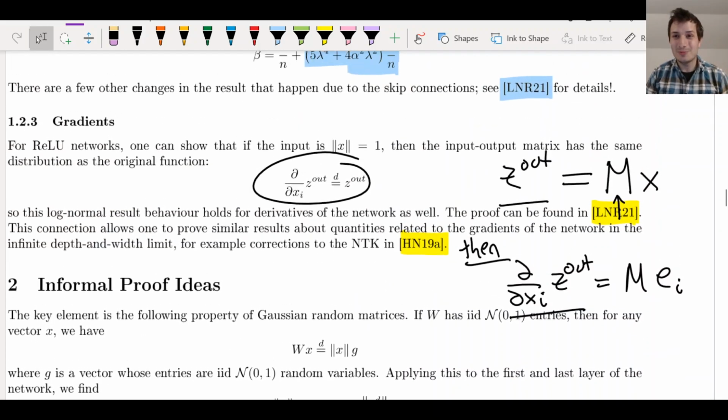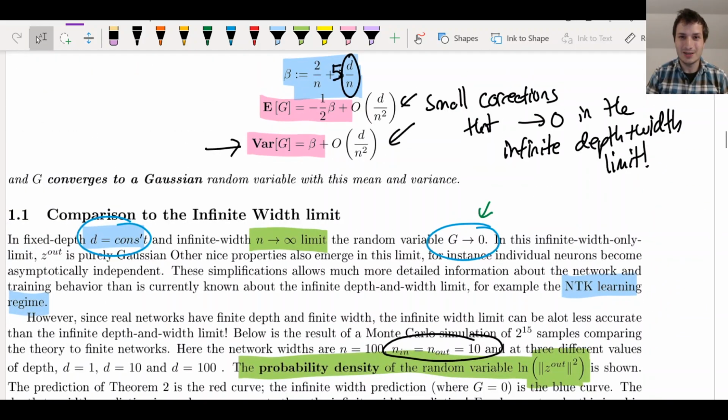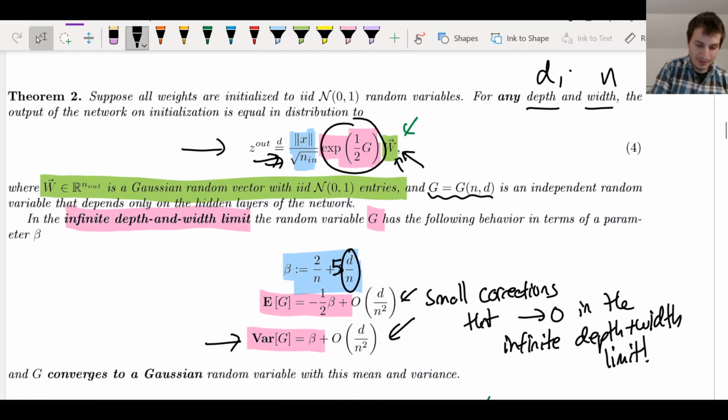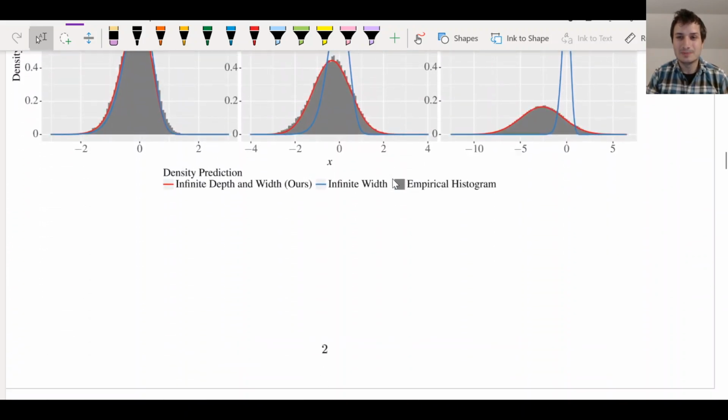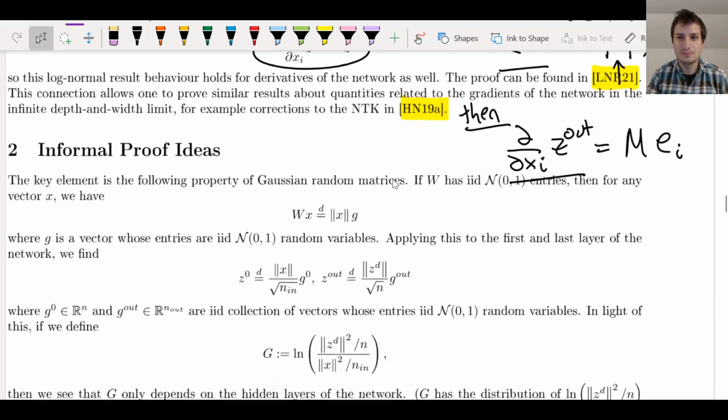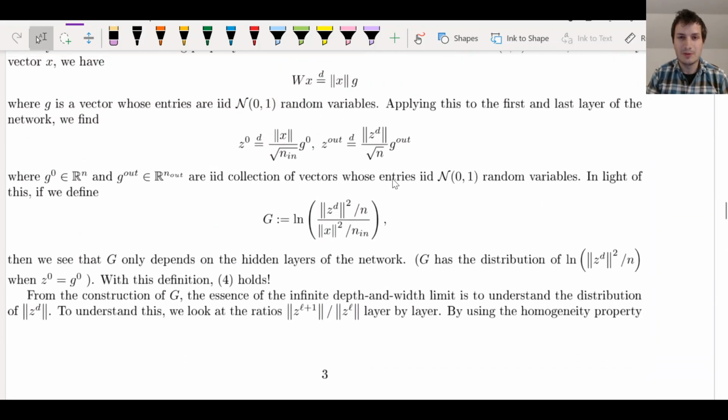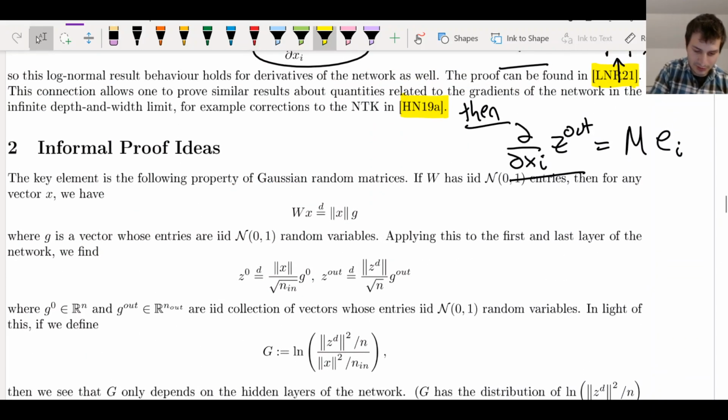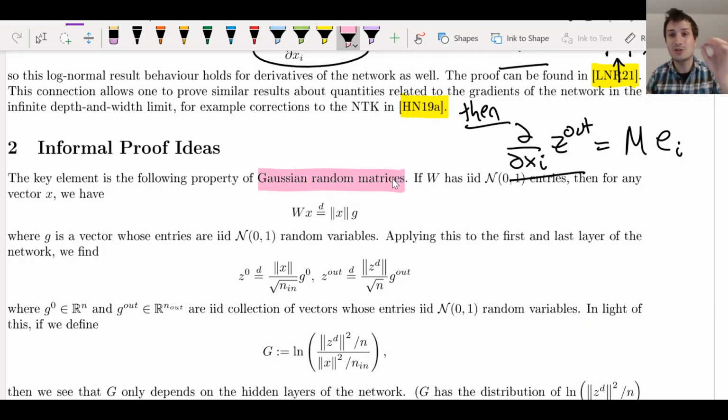So the first thing to prove is this thing about the equality in distribution. And this is only happening because of the effect of the first and last layer. So let's explain why this happens. Okay, so the key property that we're going to use is a key property of Gaussian random matrices. If you have a matrix where all of the entries are independent Gaussians, then when you multiply by any vector, what you get in distribution is a Gaussian vector.